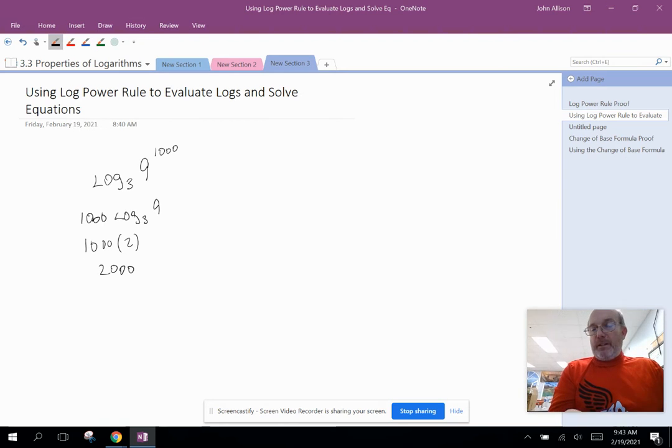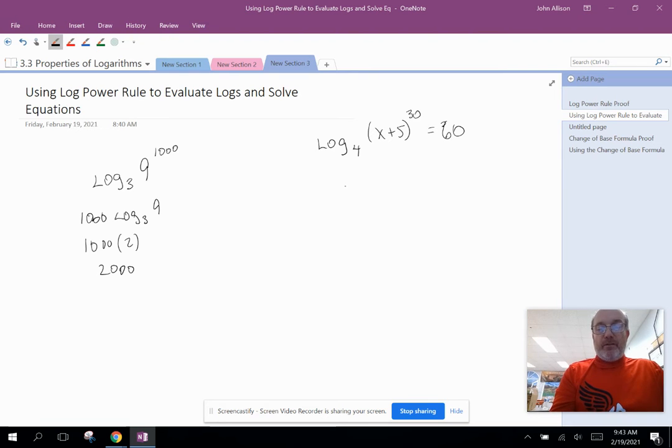If we were looking at this, let's say we have log base 4 of (x plus 5) to the 30th power, and that equals, let's say, 60.